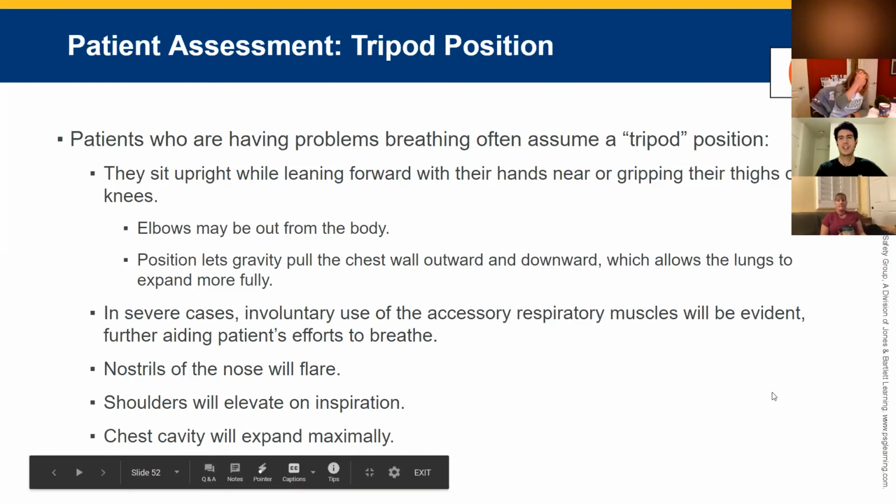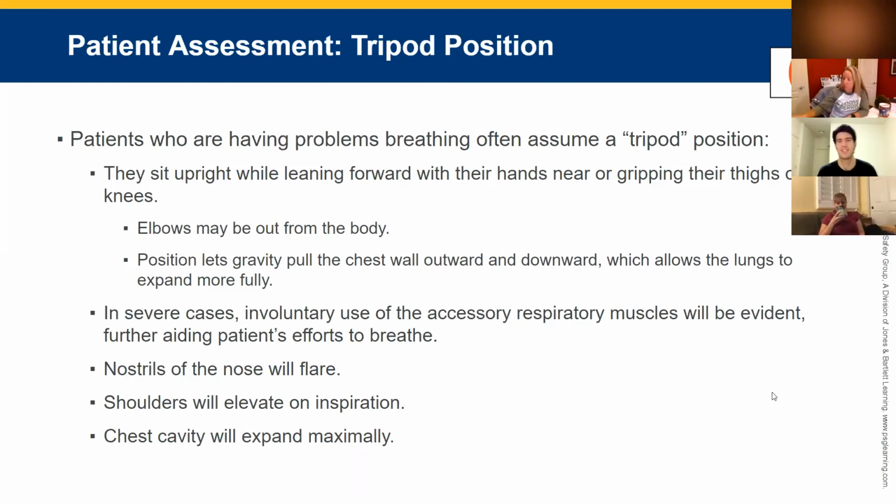As an educational exercise, let's all try the tripod position. This will help you remember it. You lean forward, put your hands on your knees, get hunched over, and stick your nose out to really fill up your chest like that. So just remember, if you see someone in that position, that means they're struggling.